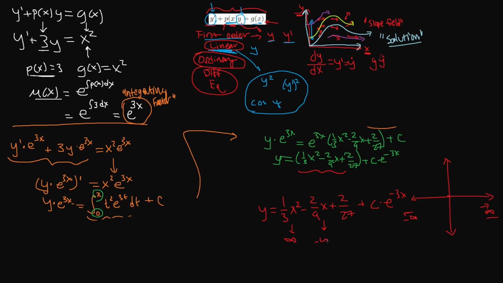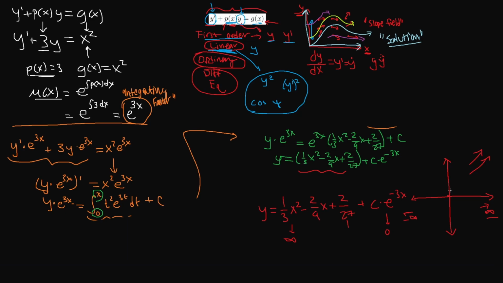This term is going to negative infinity, but it's not x squared, so it's not going to be as powerful as the x squared term. This is going to stay the same, and then c times e to the power of negative 3x is just going to go to 0, because negative infinity in the exponent gives 0. So as x goes to infinity, y is also going to go to infinity.